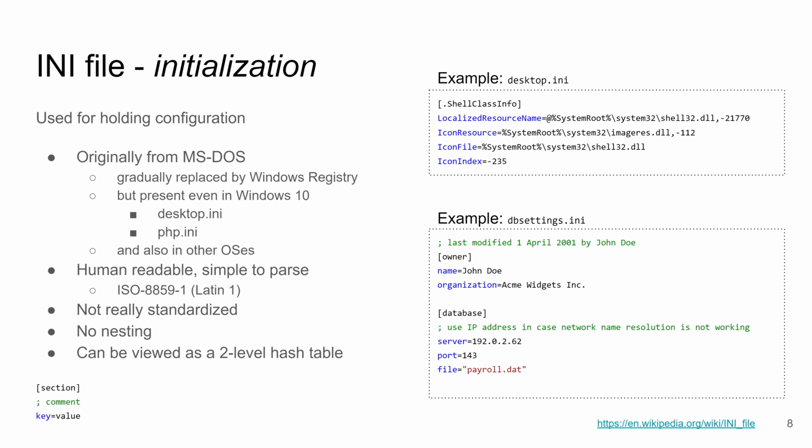In Windows there is this Windows registry system which serves as a primary storage of configuration, and it gradually replaced the INI files, but not entirely, and sometimes you will come across an INI file in Windows. For instance, in special folders such as desktop or documents or pictures or downloads, where you will have a hidden desktop.ini file and it will contain something like what you can see in the upper right example.